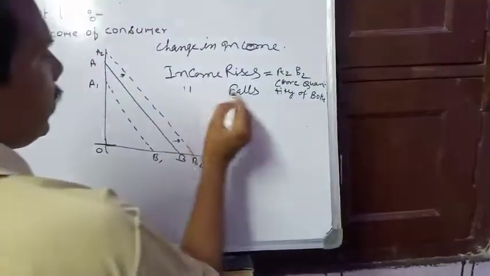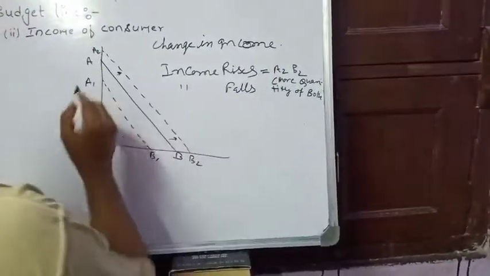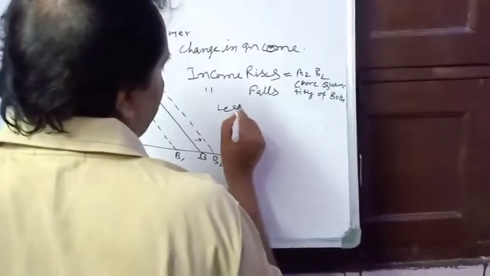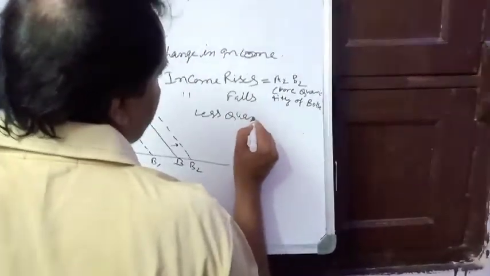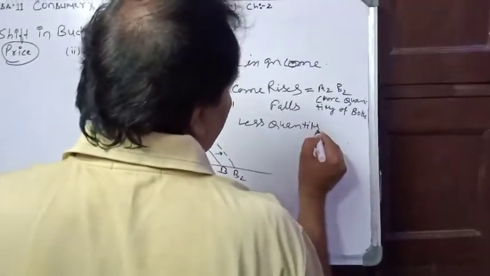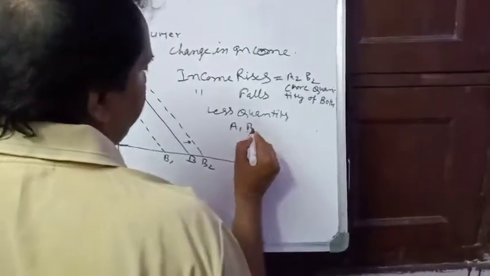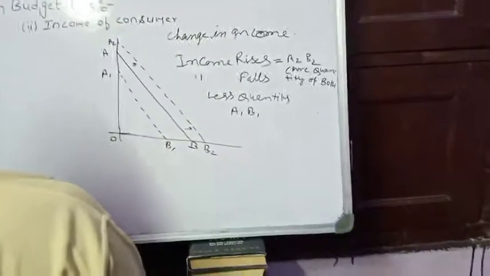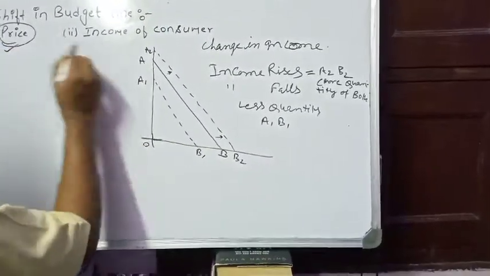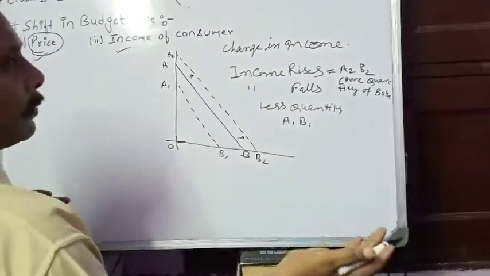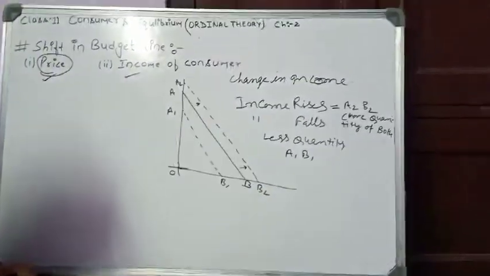And if the income of the consumer falls, in that case he will buy less quantity, and the budget will be A1 B1. So in this way, there are two main factors which affect the budget line either rightwards or leftwards.